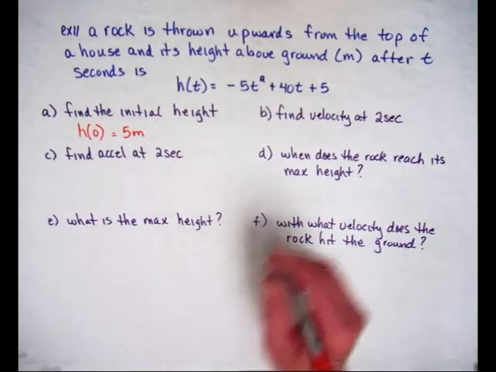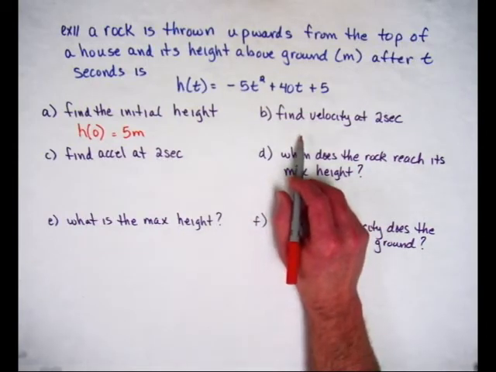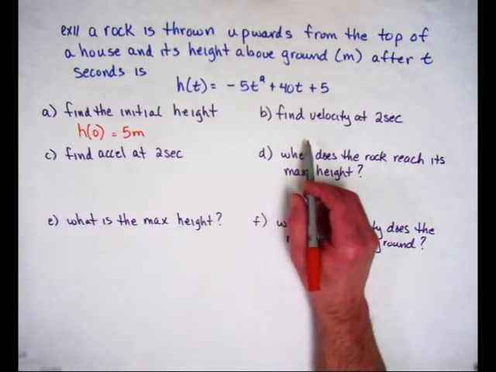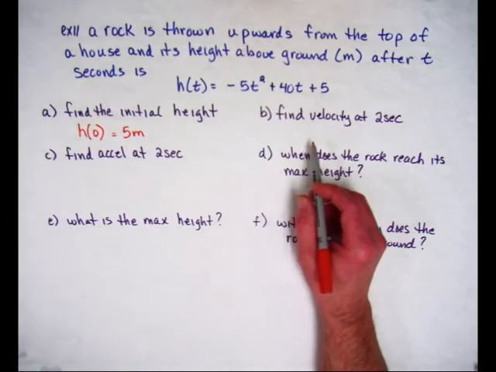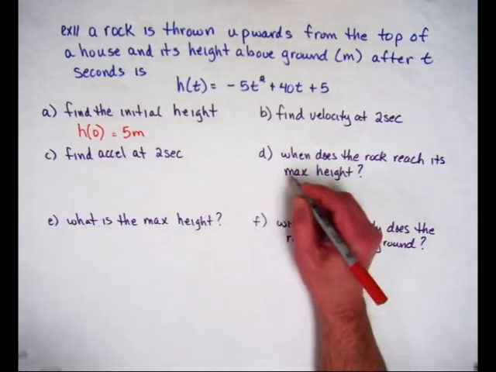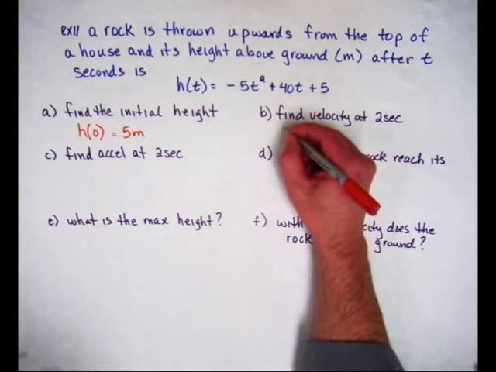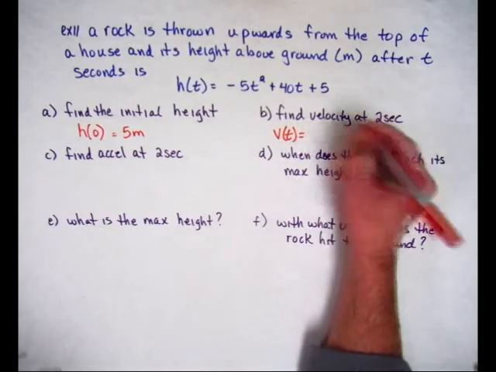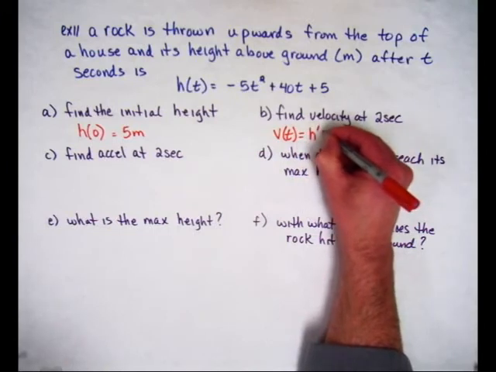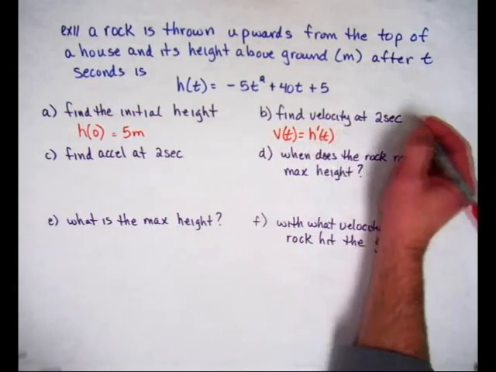The next question says, find the velocity at 2 seconds. Well, now the velocity, of course, is not our height function. The velocity is the derivative of the height function. So what we have to do is find our velocity function v of t, which of course is just the derivative of height, or position, h prime of t.